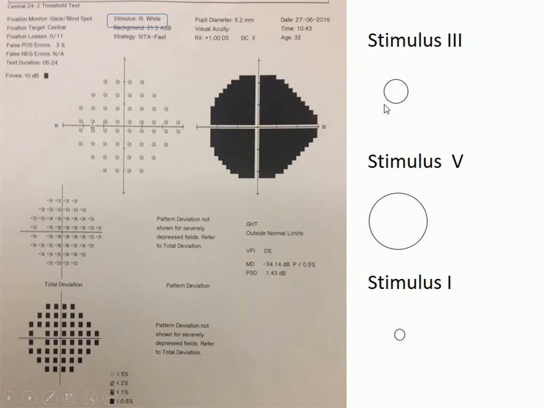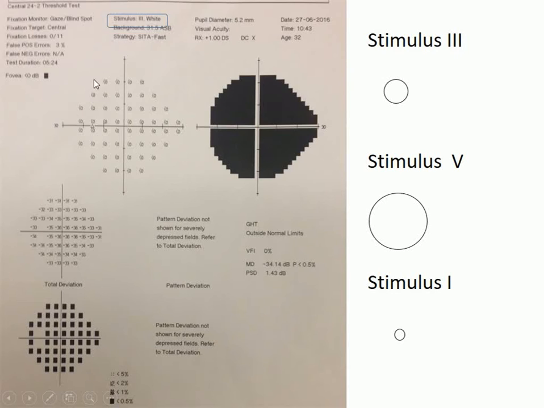And for most patients, a stimulus of this size, not shown to scale here, will be suitable. But in this case here we see a patient who scored horribly, 0 at each point. Now, that doesn't necessarily mean that they're absolutely blind. It just might mean that their vision's so bad that they can't see a stimulus of this size, even at its maximal brightness.